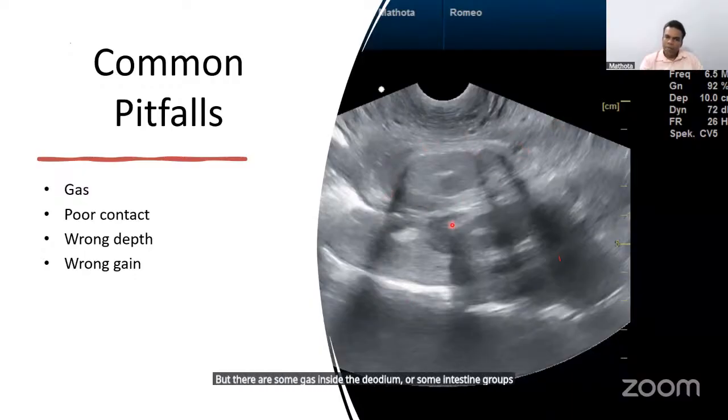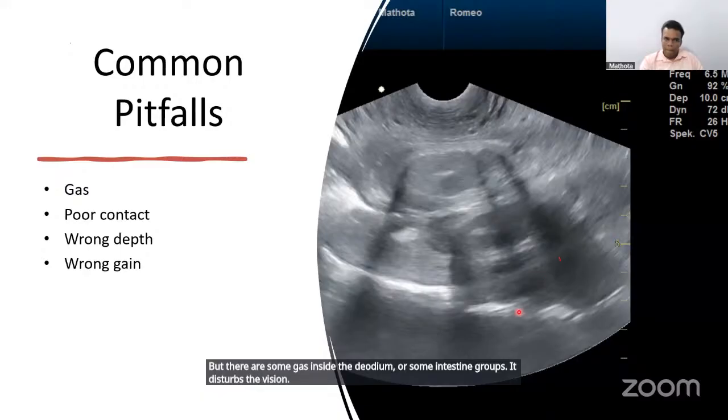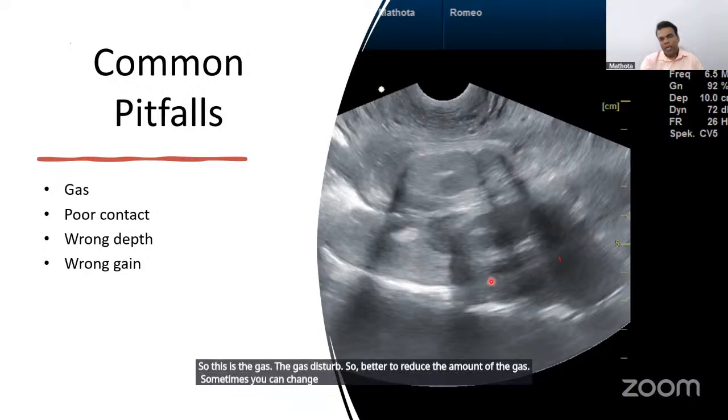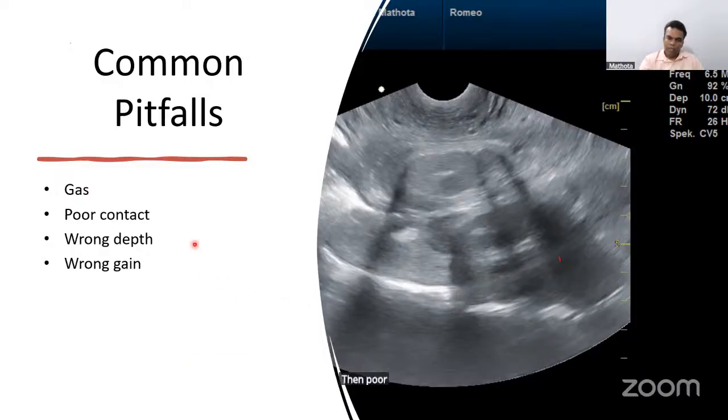It disturbs the vision. So this is the gas. Gas disturbs my view, so it's better to reduce the amount of gas. Sometimes we can change the recumbency of the animal, or change the probe location and position, and we can get clear images.